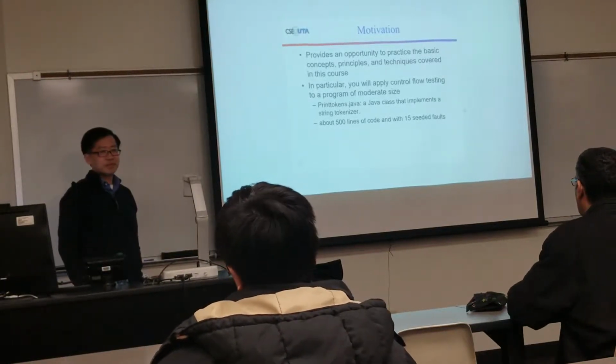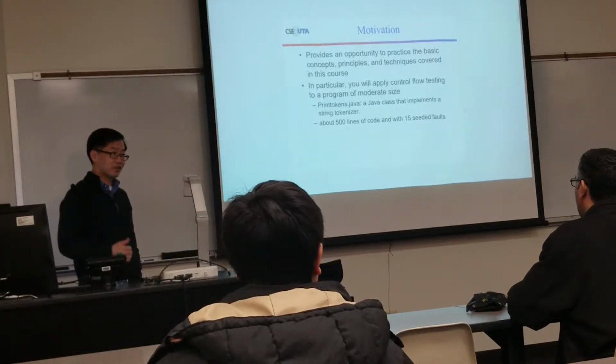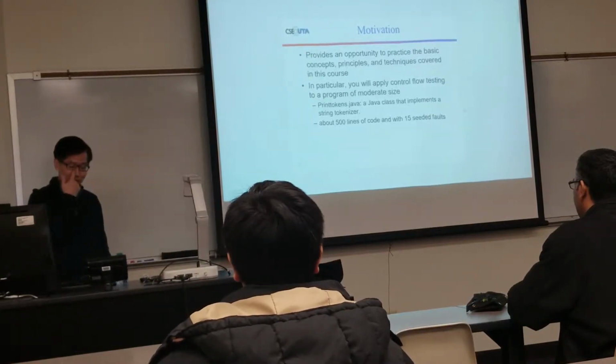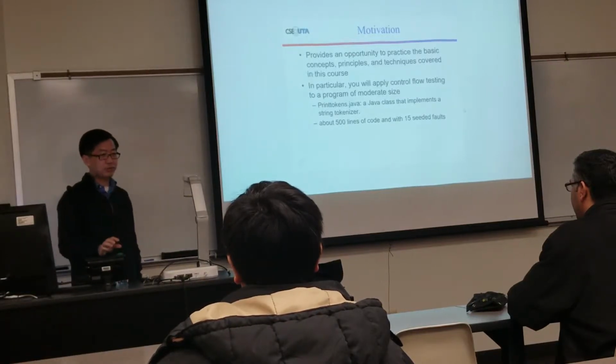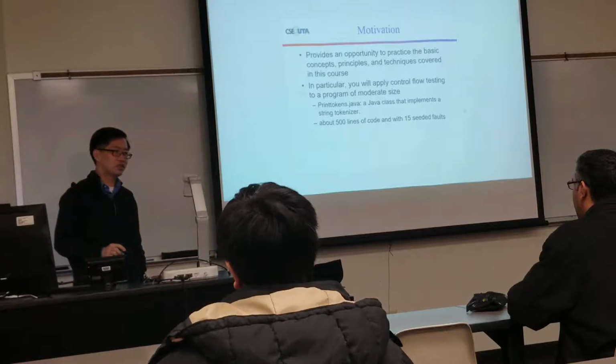Did you take a compiler class, programming languages? Does it mention the concept of token? Okay, very good. That's going to help you understand what the program tries to do.